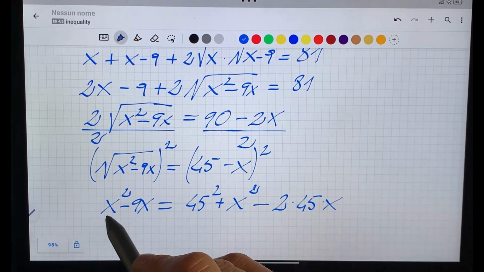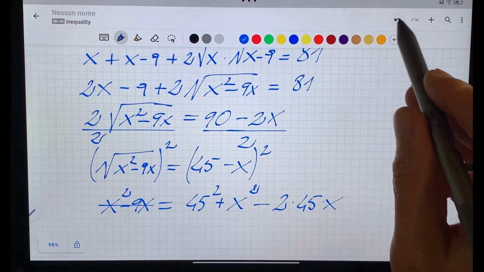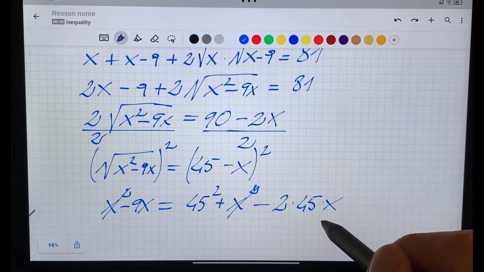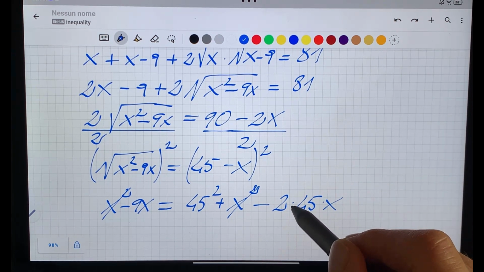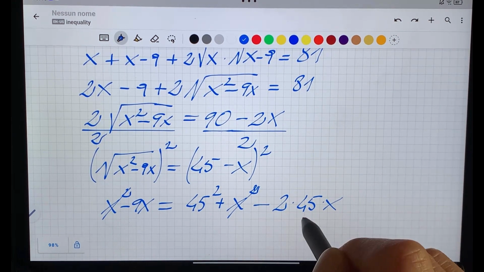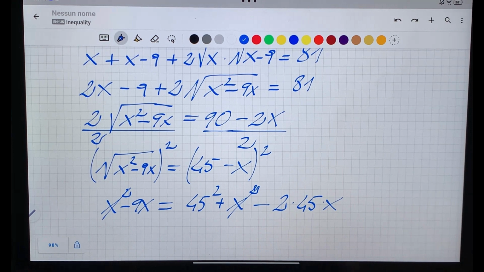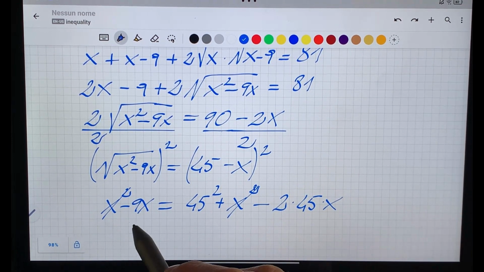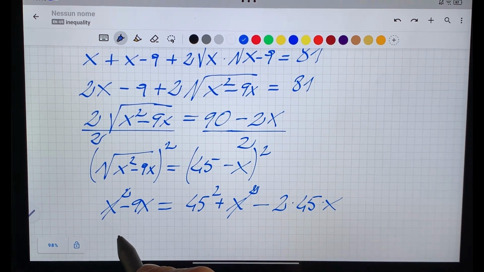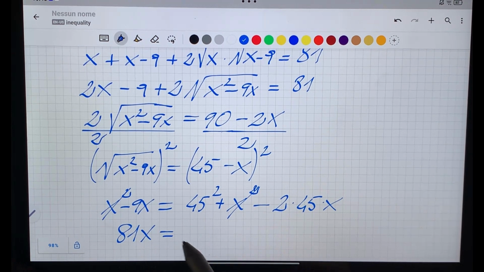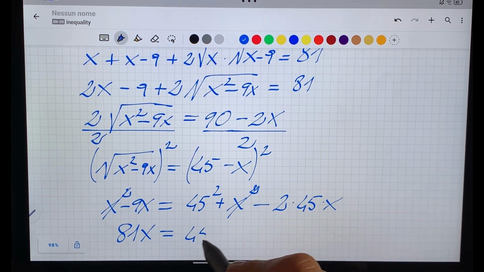Now we can simplify x squared and x squared, and I will take 45 times 2, which is 90. Moving to the left hand side, it becomes positive 90x, and positive 90x minus 9x is 81x, equal to 45 squared.